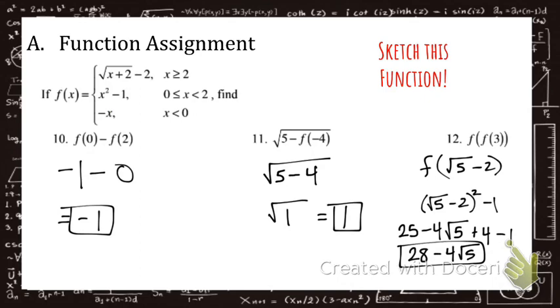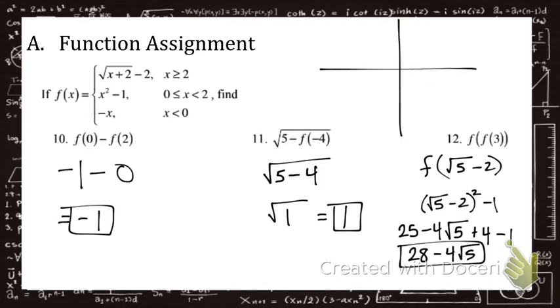I also wanted you to sketch the function. I know that it didn't ask you to necessarily in the summer homework, but I just want to make sure that you guys are clear on how to sketch it. So if I was going to draw a quick graph up here, and I promise this will not be perfect, but it's just a rough sketch.